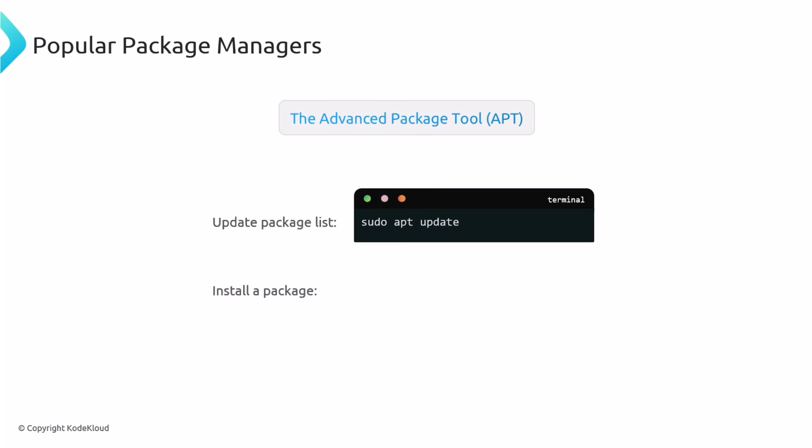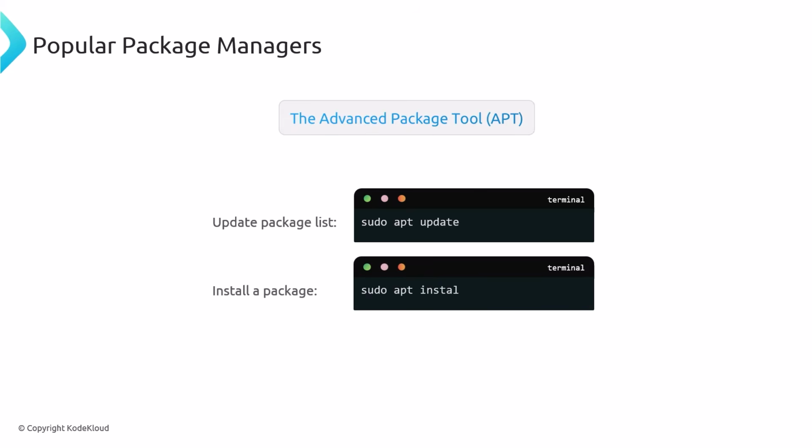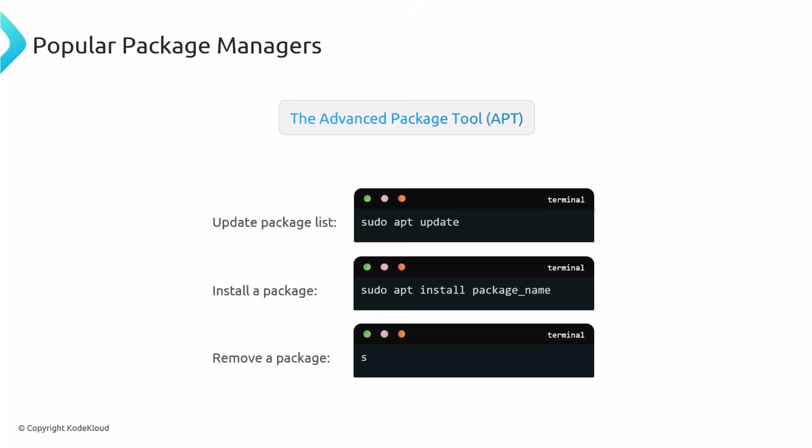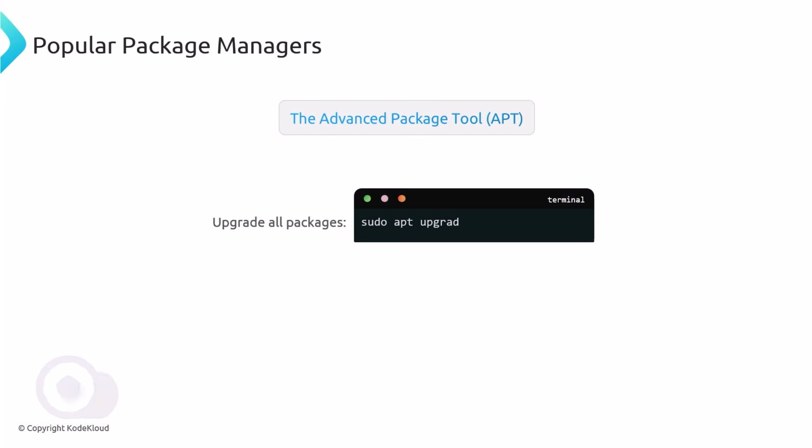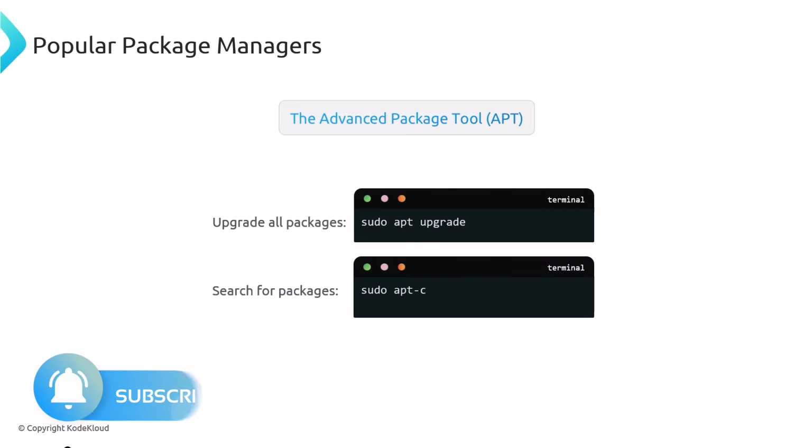You can do sudo apt install and then the name of the package to install a new package, and even sudo apt remove and then the name of the package to remove it. You could also do sudo apt upgrade to make sure everything is up to date. And if you wanted to search for a package, you could use sudo apt-cache search and then the name of the package.